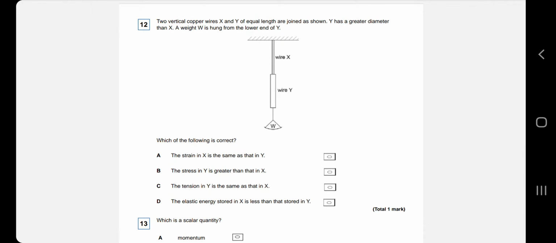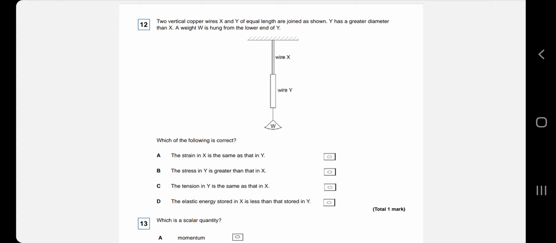Question 12. So this is pretty straightforward. Two vertical copper wires, X and Y, of equal length, are joined as shown. Y is a greater diameter than X. A weight W is hung from the lower end of Y. Now, when they're in series, such as this, wire X and wire Y, with the weight at the bottom, the amount of force or tension that's experienced in each wire would be identical.